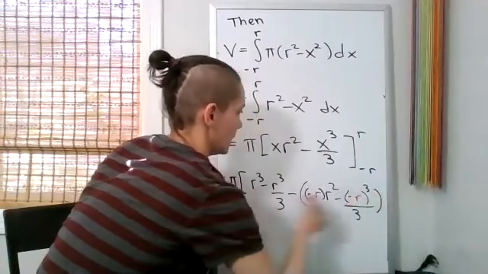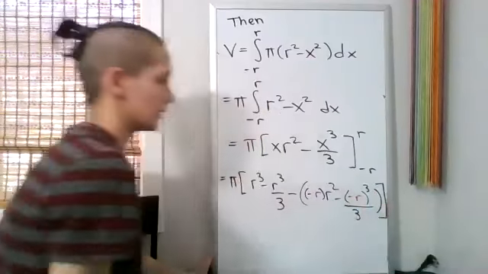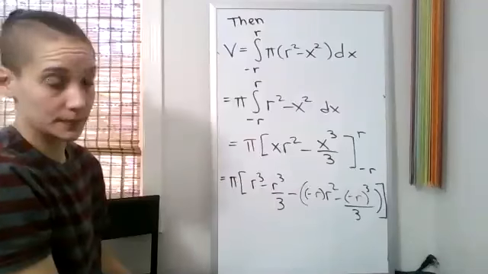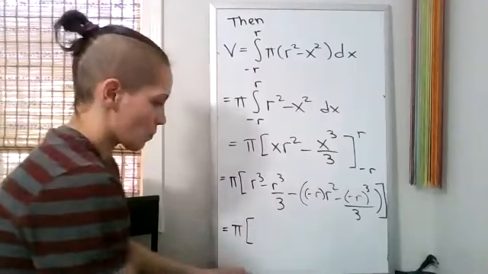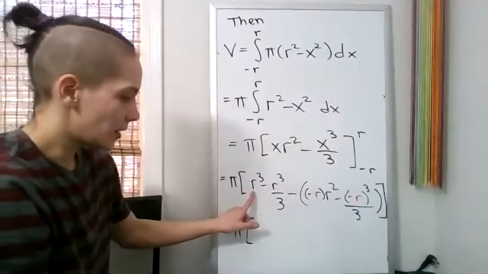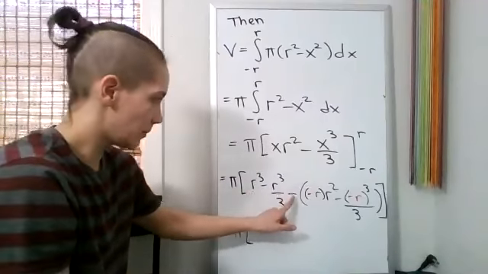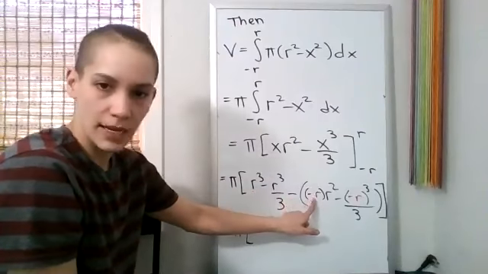Close that. And it was all multiplied by pi. Okay. r cubed minus r cubed over 3 minus negative r cubed.